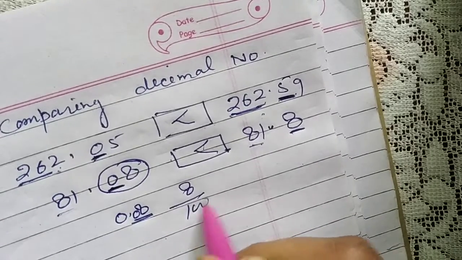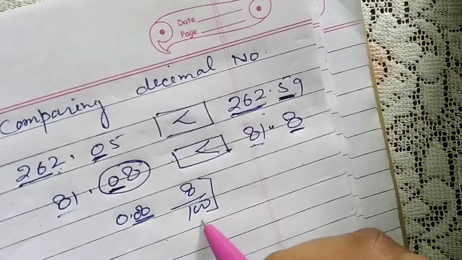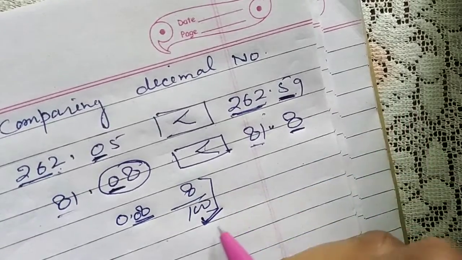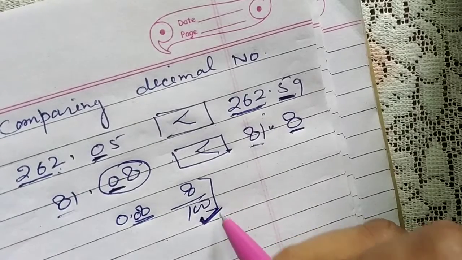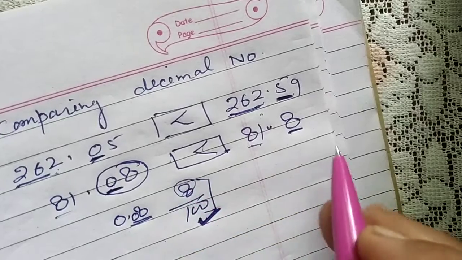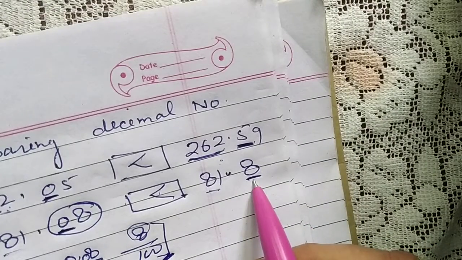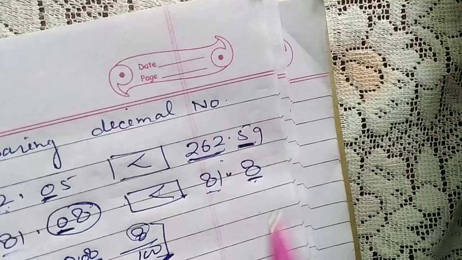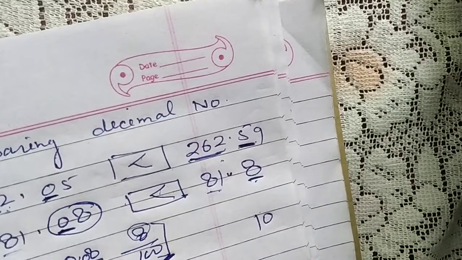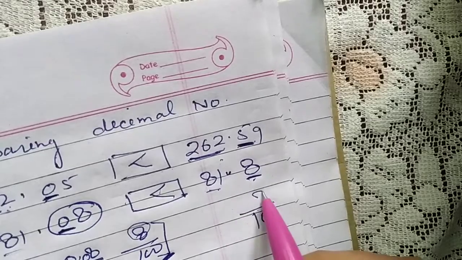8 is out of 100 means किसी चीज के हमने 100 पार्ट किए, ठीक है. Suppose take an apple, you have cut that apple into 100 pieces, and you have taken 8, and here the 8 is out of 10 parts. Similar apple, वैसा ही एक एप्पल है, and you have cut it into 10 parts, and you have taken 8 parts.